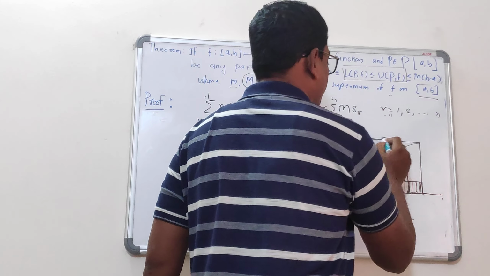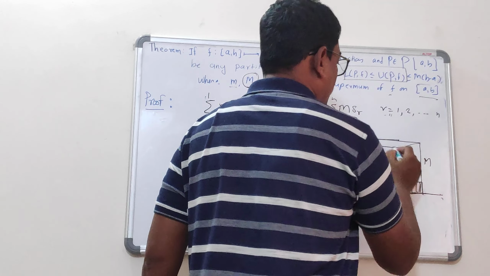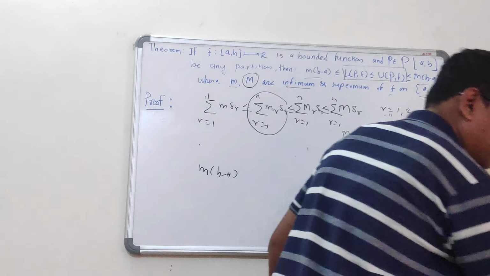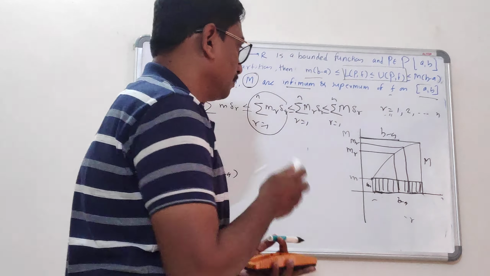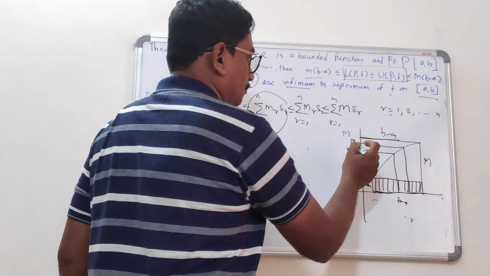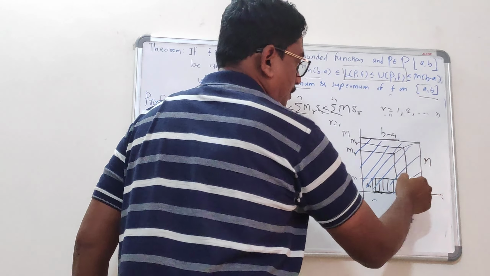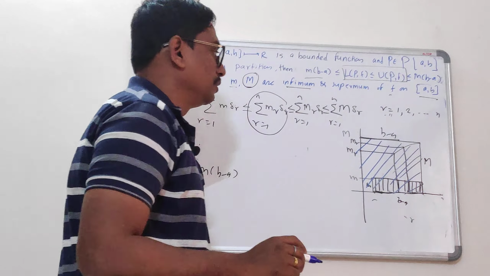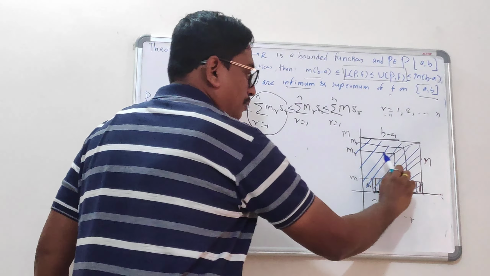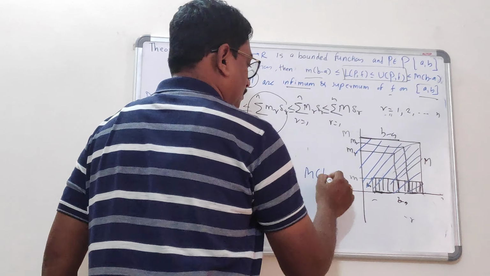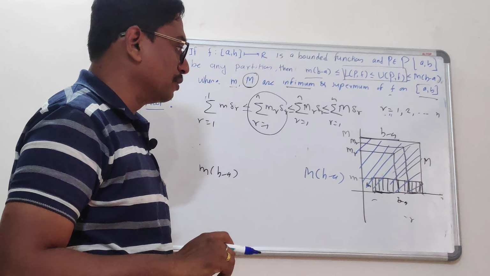This height is capital M and this length is b minus a. So I will shade it with another color. This is the area of that. So you can see the area of this rectangle and the area of this rectangle always have the highest value.